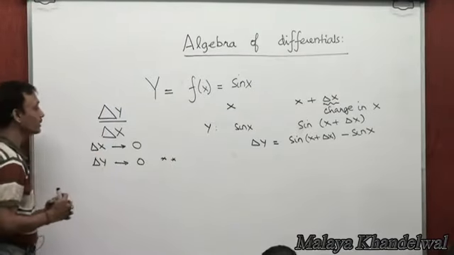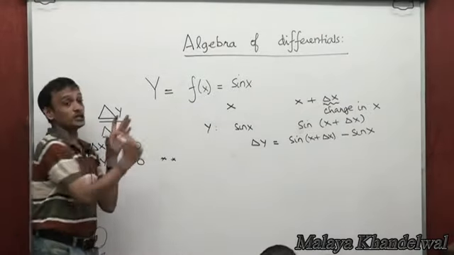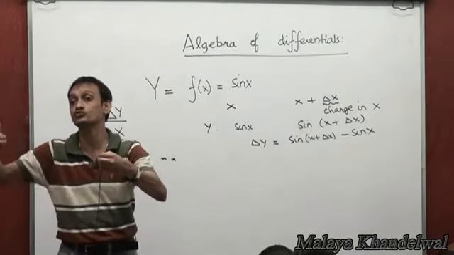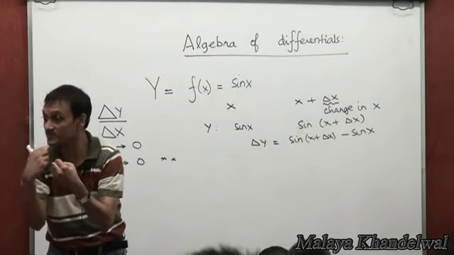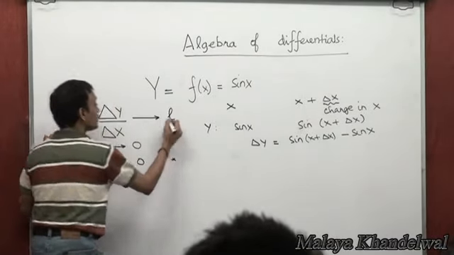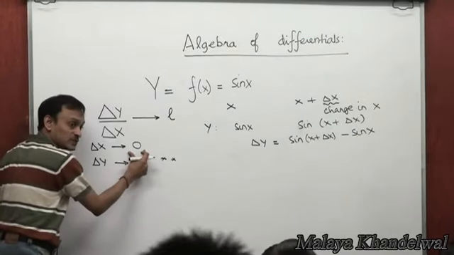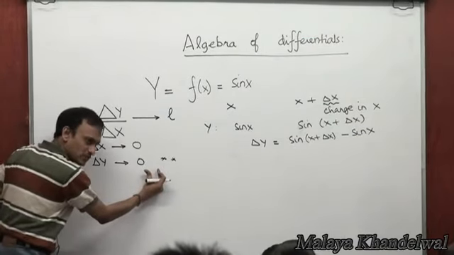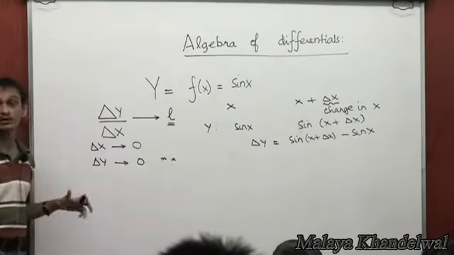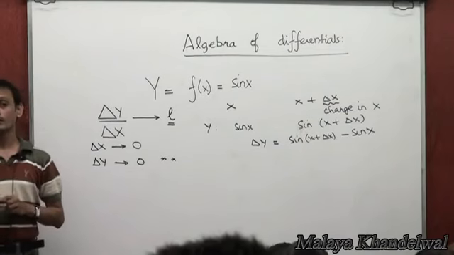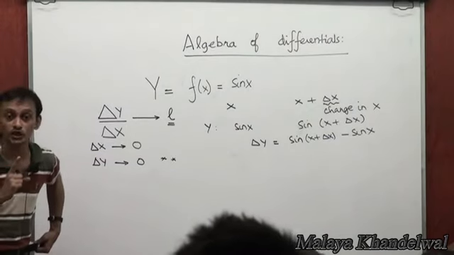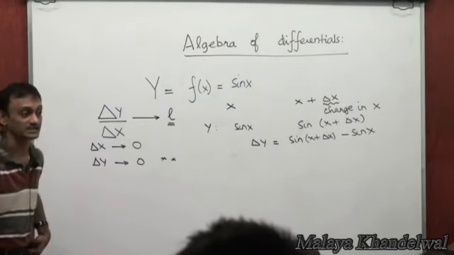And then change in y by change in x, however, comes closer and closer to a finite value, L. As delta x becomes smaller and smaller, and therefore also delta y, delta y by delta x, however, comes closer and closer to a certain number, L. And this L was referred to as an instantaneous rate of change of y with respect to x at x, right?